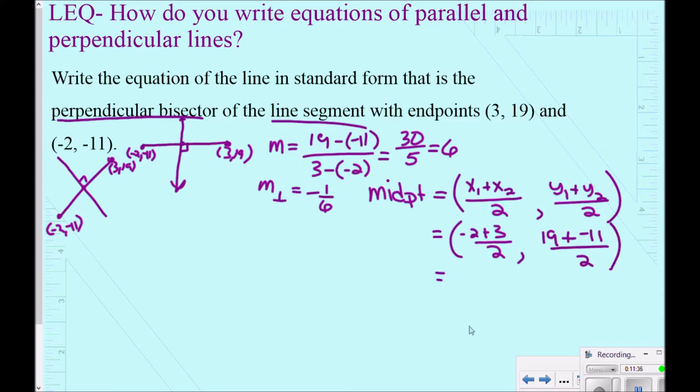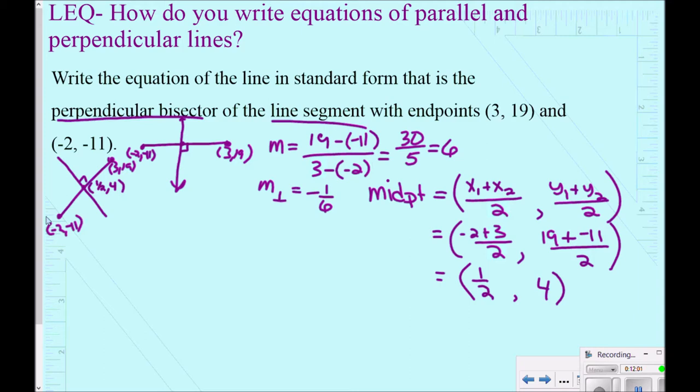So 3 minus 2 is 1, 1/2 is the x part of the midpoint, and 19 plus -11 is 8, and 8 divided by 2 is 4. So we know that the midpoint is located at (1/2, 4). Okay, so that's the point.